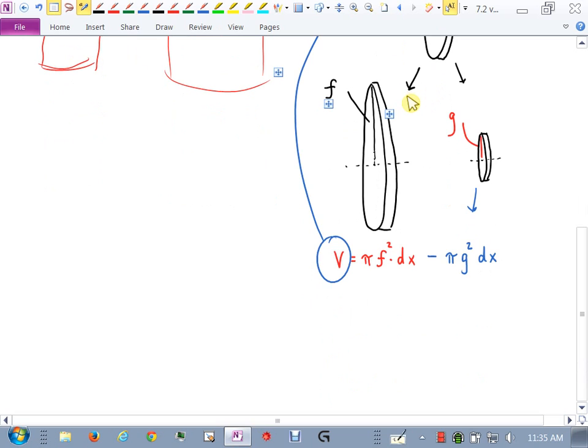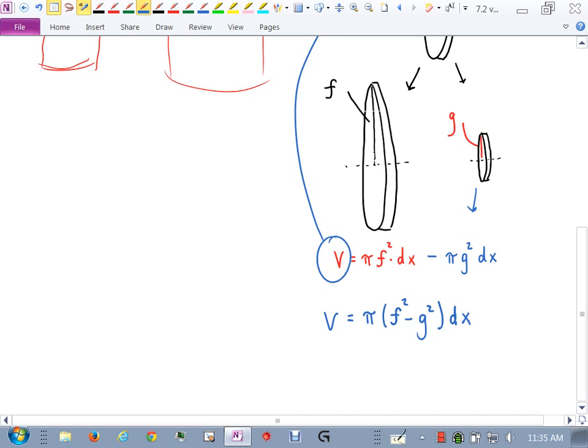The volume will be, let's factor out some things that we have in common here. Well, we have a pi, right? We can take a pi out. We could also take a dx out, but I'm going to take the dx out the right side. You'll see. So I'm going to go pi times f squared minus g squared, and then dx. That's the same thing. That is the volume of that one washer.